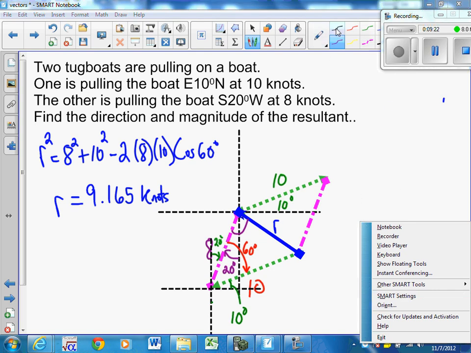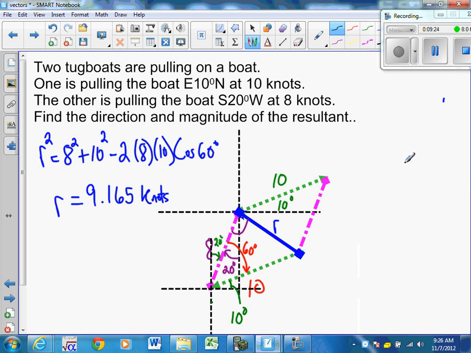I don't think there's any way to really blow that up. But I have my two sides like this and my dotted line coming down. This side is 20. And I want to know this side for my direction. If you look at it, this is the pink, this is blue.